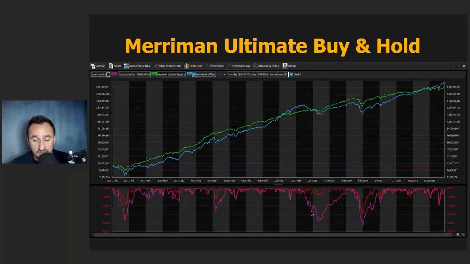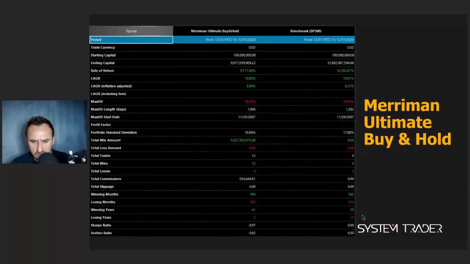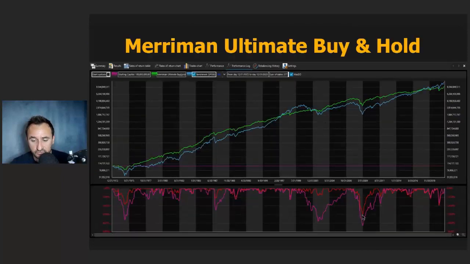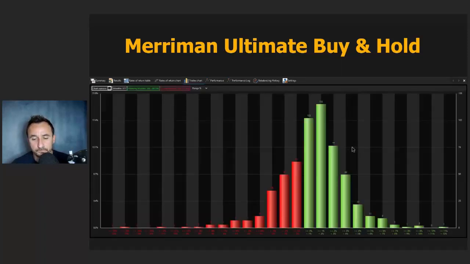And as we can see, indeed, S&P 500 has more severe drawdowns, especially in 2008, 2009. It was over here 40%. Excuse me, almost 50%. Whereas for the Merriman Ultimate Buy and Hold, it was 34, if I'm not wrong, 35%. So definitely it's less risky to have Merriman Ultimate Buy and Hold portfolio.